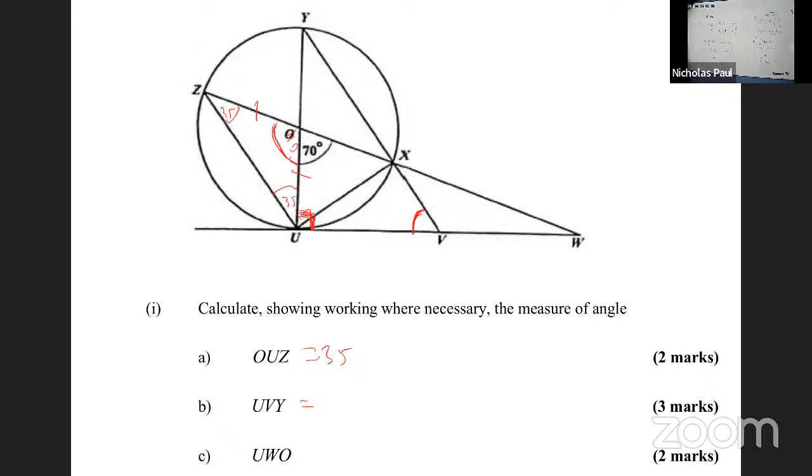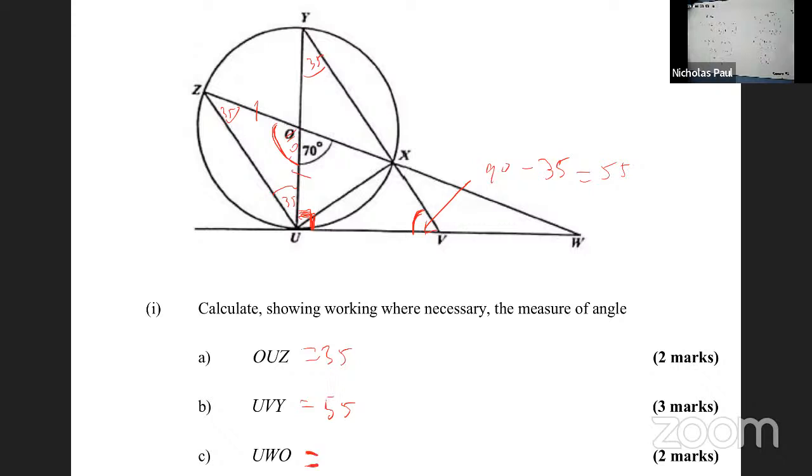And the Y is also 35 because of same chord forming two triangles. So it means that here is 90 minus 35, or 180 minus 90 minus 35. So that's 55 there. So UVY is 55.